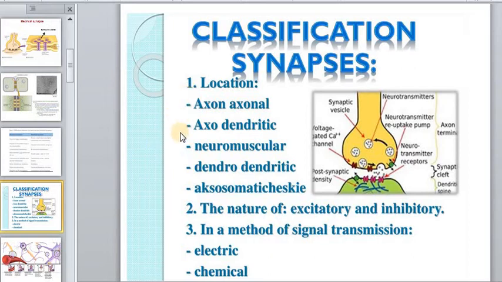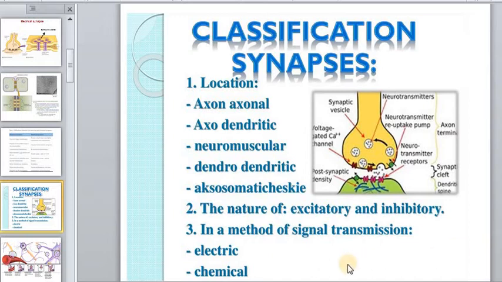We see a lot of different ways to contact: axoaxonic, axodendritic, axomuscular, dendrodendritic, somatic. The nature of excitatory and inhibitory, and electric and chemical, you know it.